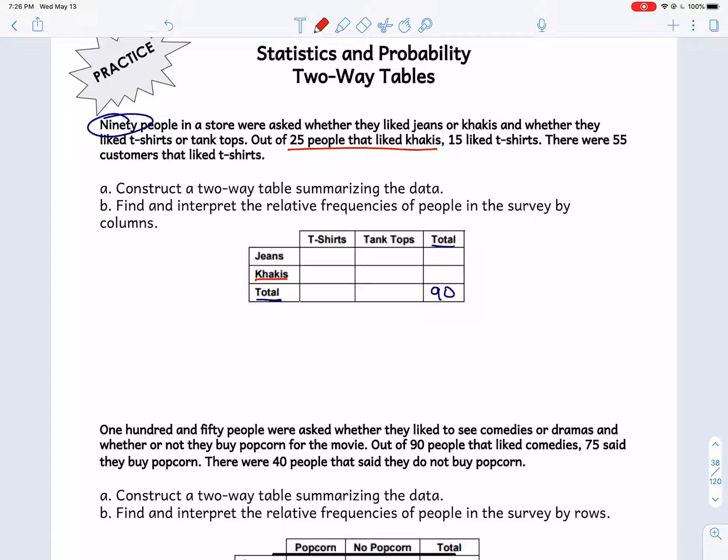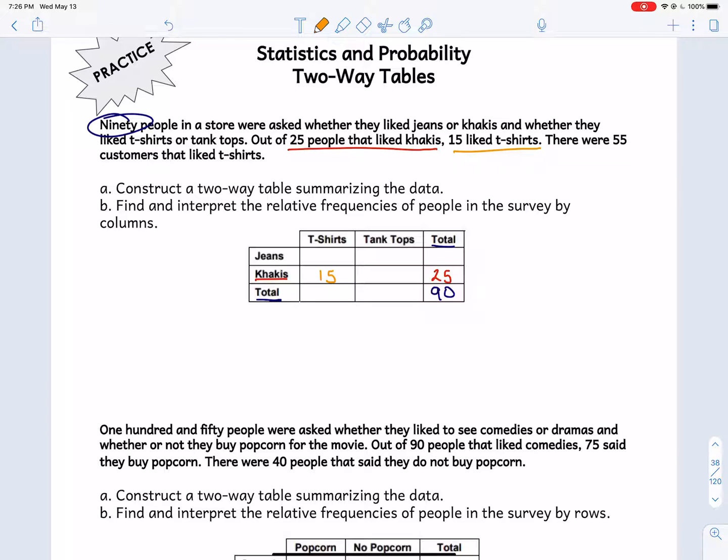Okay, so where does that go? That's the total people that liked khakis: 25. Out of those 25, 15 of them liked t-shirts.